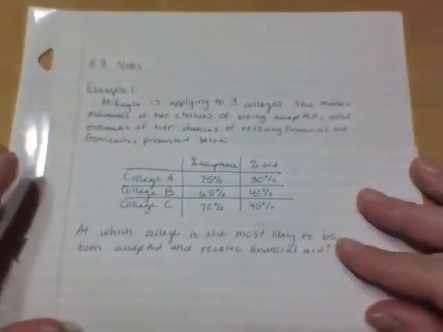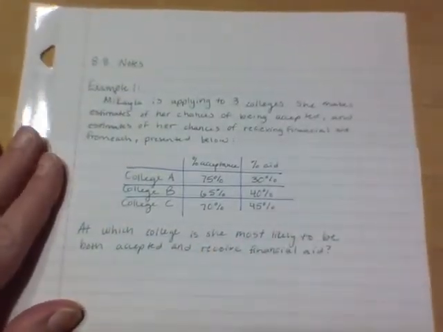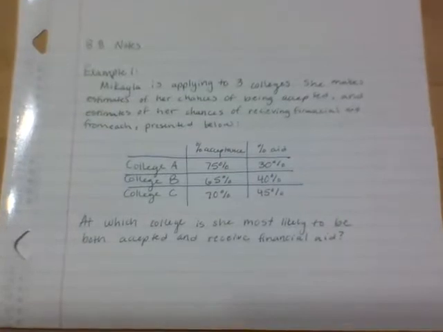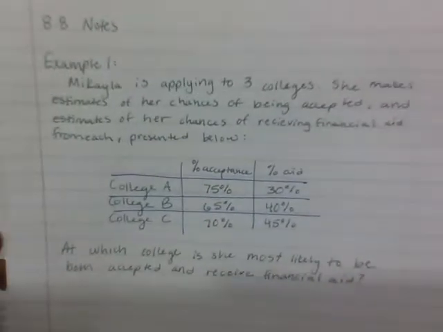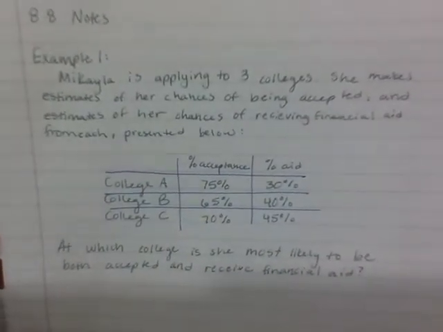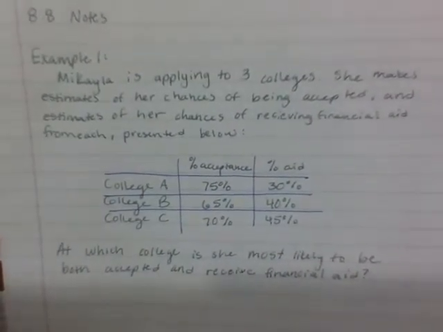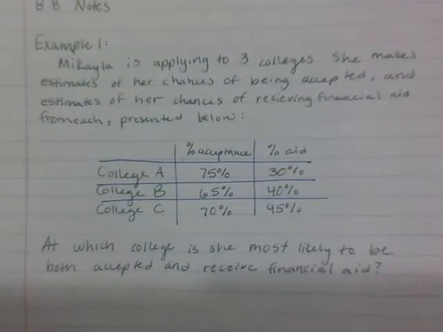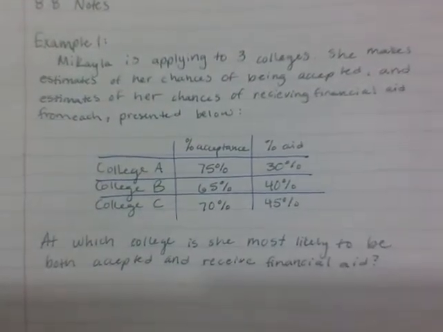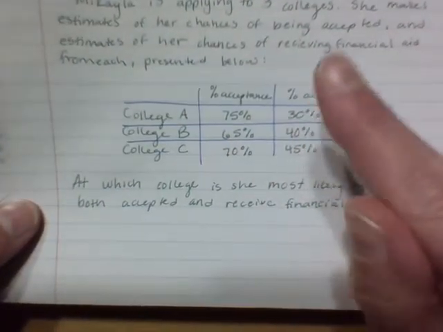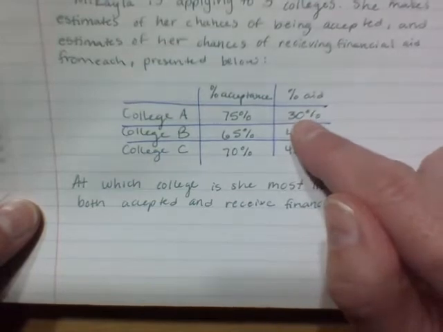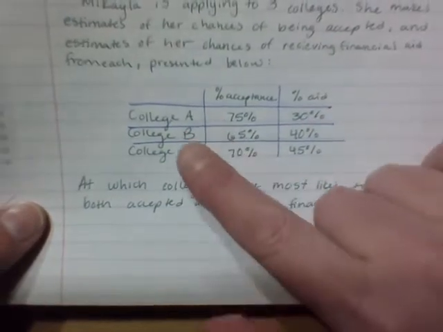The last example for some reason didn't print, so here we are with my handwriting of it, but this is our example about Michaela. Michaela is applying to 3 colleges, and she makes estimates of her chances of being accepted and of receiving financial aid from each. In college A, she's 75% likely to be accepted, but only 30% to get financial aid.